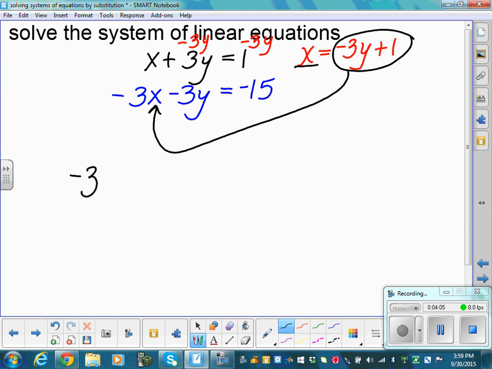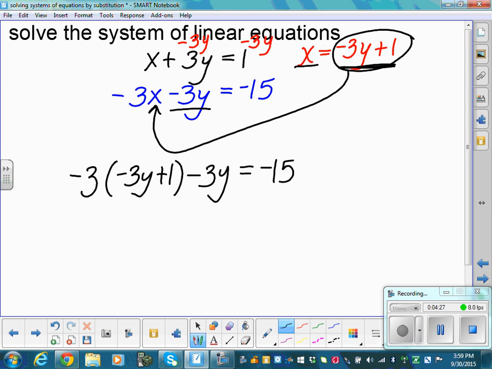Remember, we're substituting in negative 3y plus 1 wherever there's an x. So I'm actually going to have negative 3 times negative 3y plus 1, and then we still have this here, minus 3y is equal to negative 15. I just substituted that in.